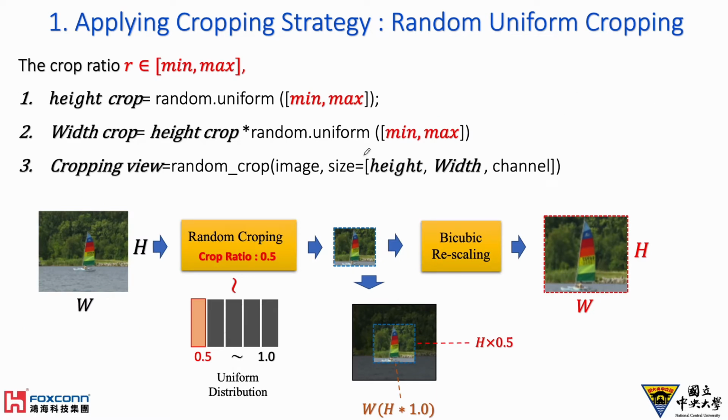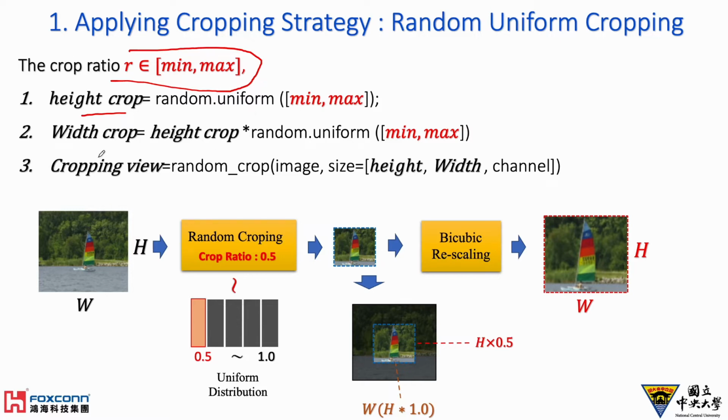The second cropping strategy in our pipeline is the random uniform crop. In this strategy, the only property we need to consider is the crop ratio. In this case, we dynamically define the min and max values. The height crop will be selected with a random uniform value within our given min and max.